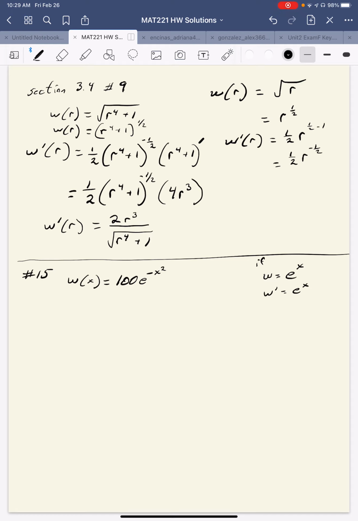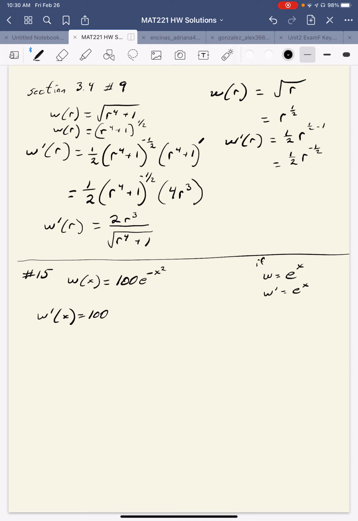So let's come over here and use that fact, only now we don't have e to the x, we have e to this function, negative x squared, so we'll have to deal with that when we get there. So I have w prime of x, the constant multiplier is in the derivative, it just stays there.